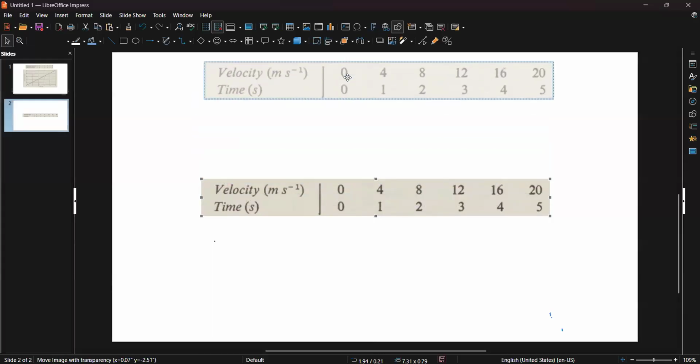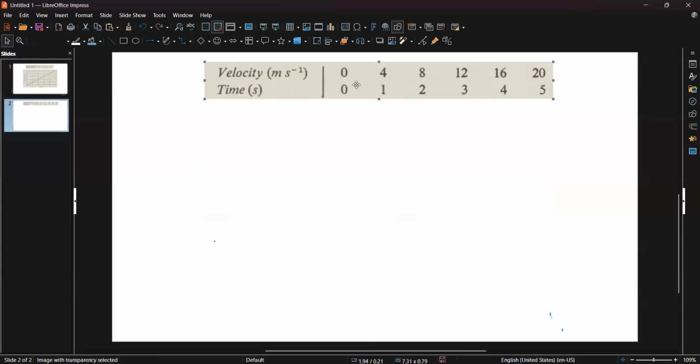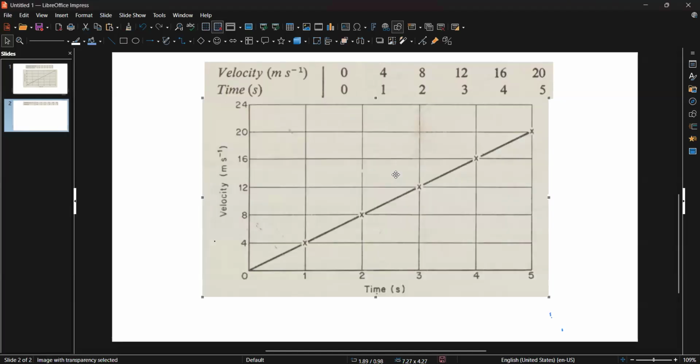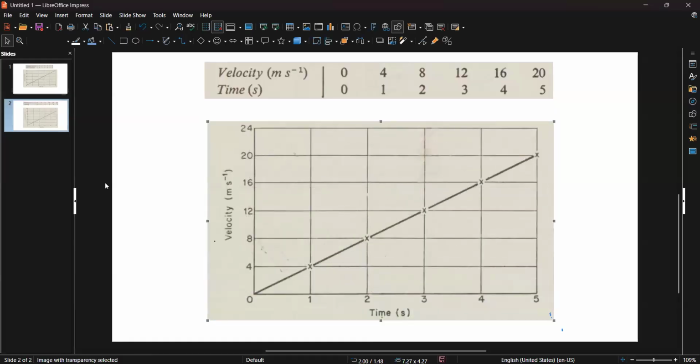All right, good. So here we have some data, right? Let's plot that on a graph, see what it looks like. Okay. That's what it looked like, right?